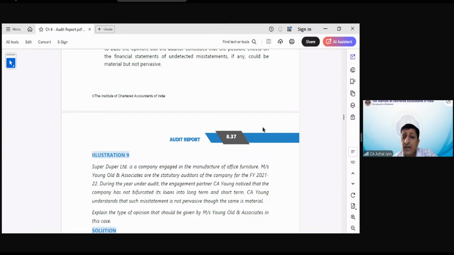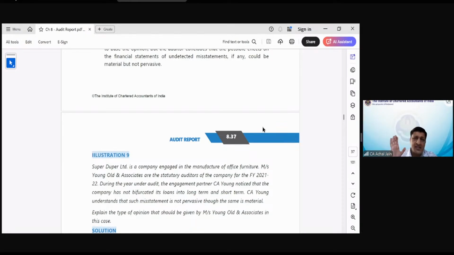Now in this case, CA Young believes that such misstatement is not pervasive, but of course it is material. So why material? Maybe it is exceeding their materiality threshold. We don't know how they have concluded about materiality, so we'll have to go by what the question says.